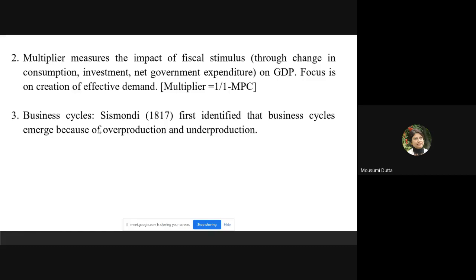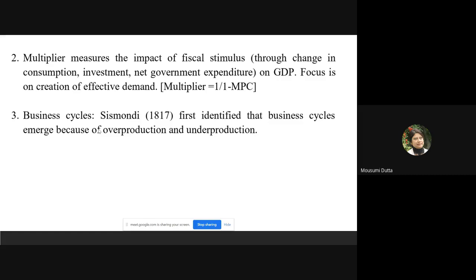Directly you are not increasing the money supply; rather, you are taking certain policies to improve consumption expenditure or investment expenditure, or increasing government expenditure in education and health, to improve the gross domestic product.